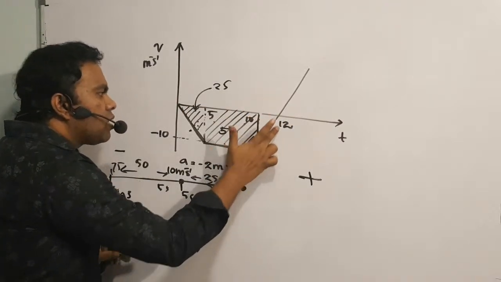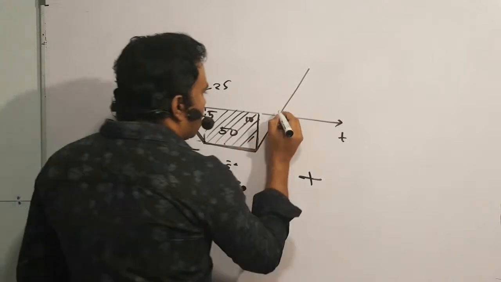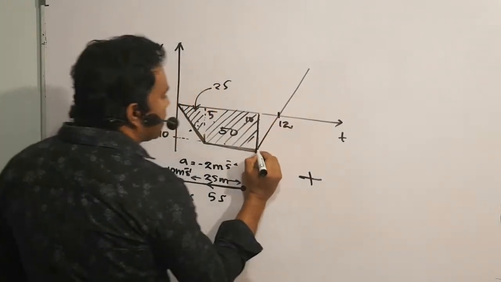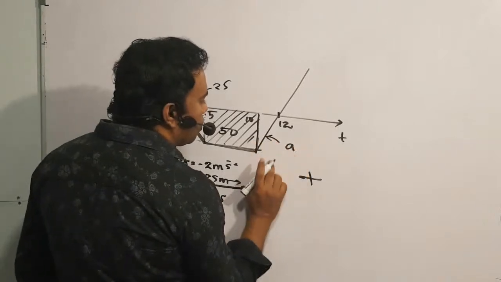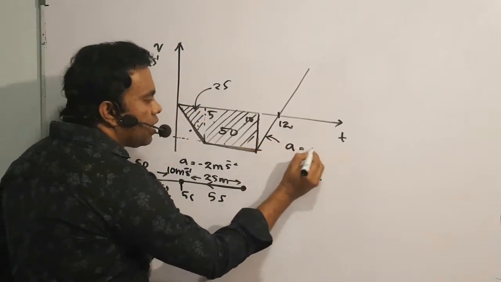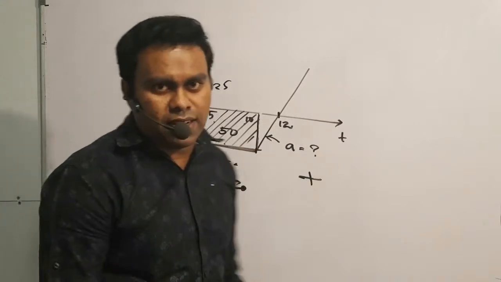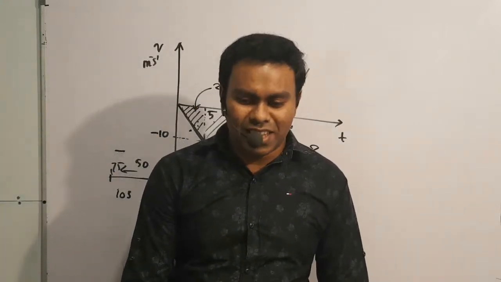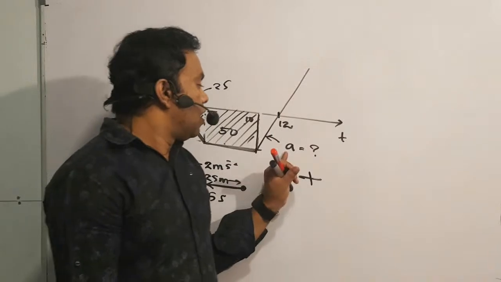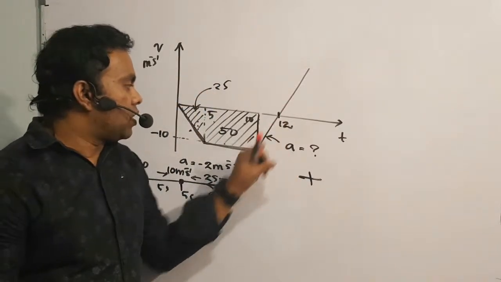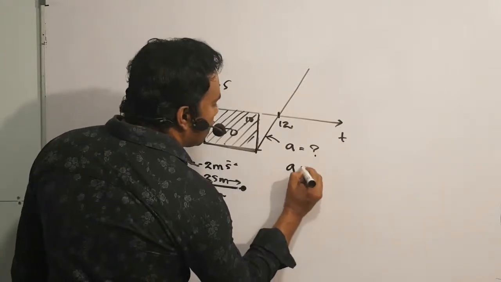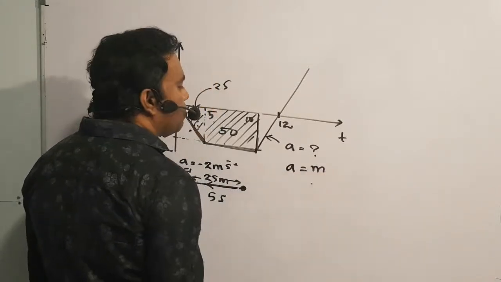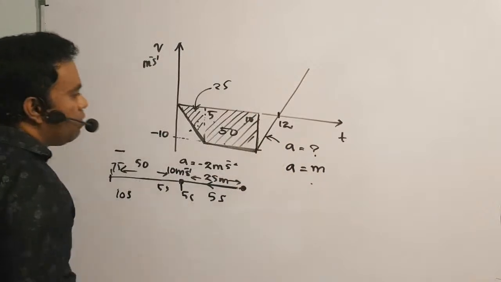In a place like this, if you are asked to calculate the gradient, because we have to calculate this acceleration also, if they ask what the acceleration is, I explain quickly. A part that is taken slowly, I explain quickly. How to calculate this part? Very simple, because acceleration is the gradient, since this is a velocity time graph.